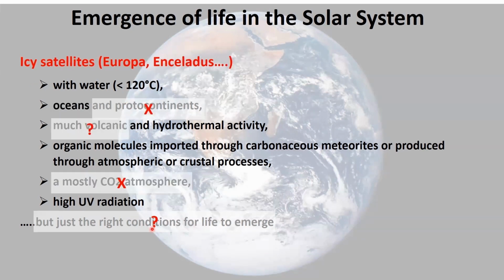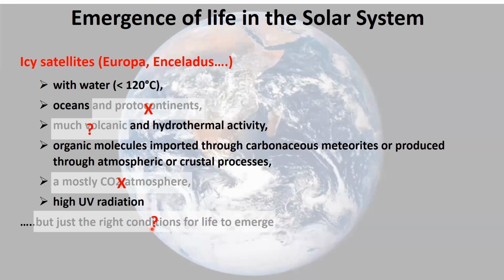What about the icy satellites, like Europa, Enceladus, and others? Yes, we think that they are potentially habitable because they have water, they have oceans, but they don't have any continents. Volcanic activity is difficult to say, but certainly we believe that there's some form of hydrothermal activity at the base of the oceanic coating.